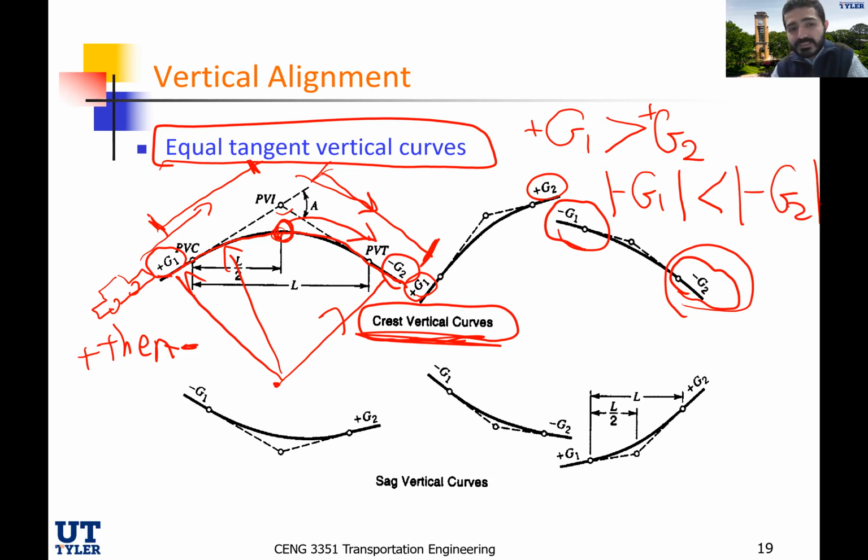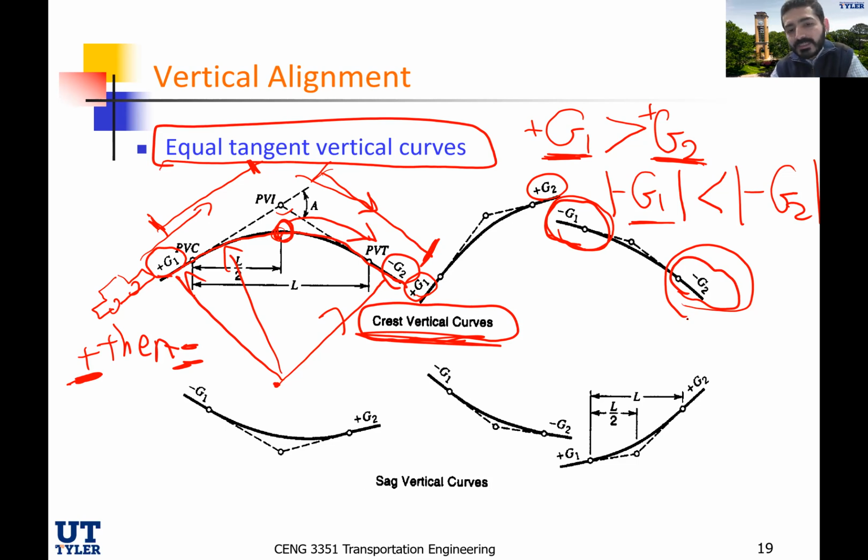In all three cases, if it's a positive then a negative, or a steep positive then a less steep positive, or a steep negative then a less steep negative, we call them crest vertical curves.